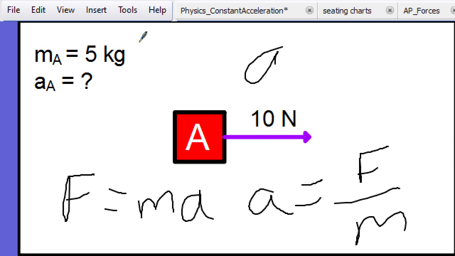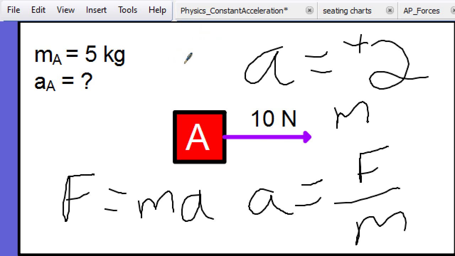What's 10 divided by 5? Positive 2 meters per second squared. Hopefully not a big deal.